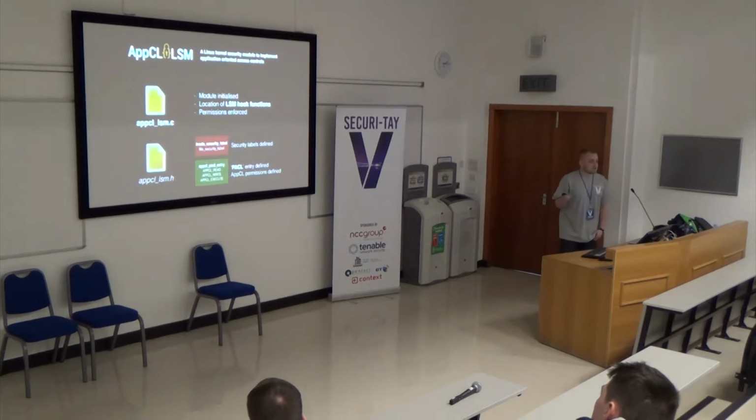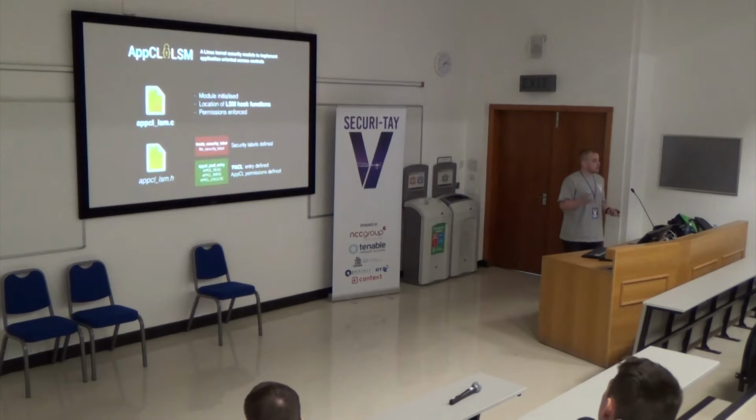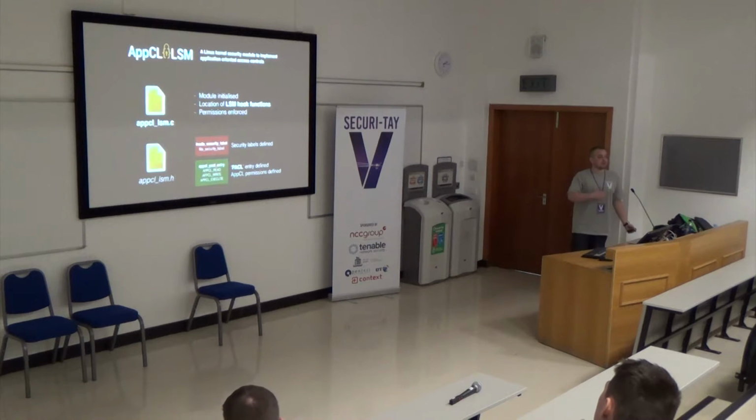So, AppCL LSM.c, it initializes the module, it's where the LSM hook functions are, and it's where the permissions are enforced. So this is where in AppCL LSM.h, the header file, our security labels are defined, and the actual PACL entries themselves, the data structure that holds the PACL, is defined in there as well.